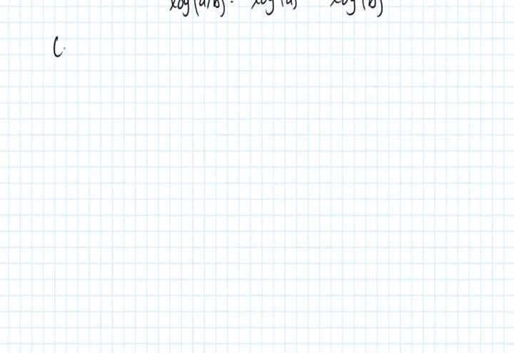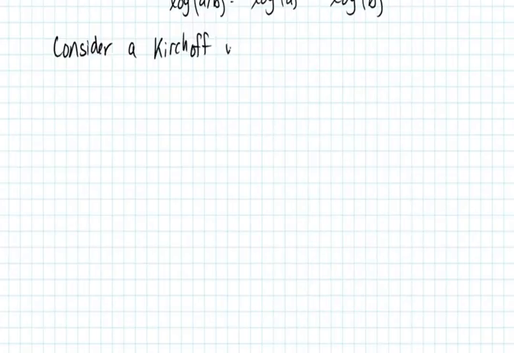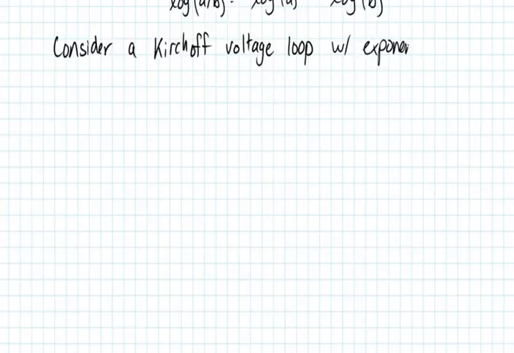So let's consider a Kirchhoff voltage loop operating in subthreshold, so therefore we have the exponential IV characteristic that we're looking for. Okay, so let's just say we have two sets of differential pairs.